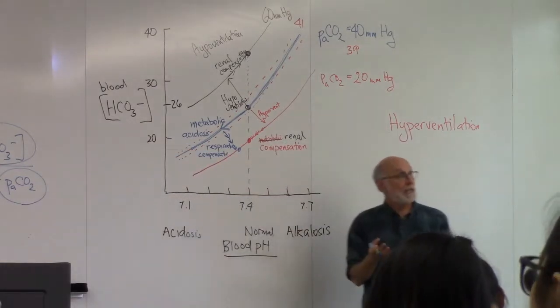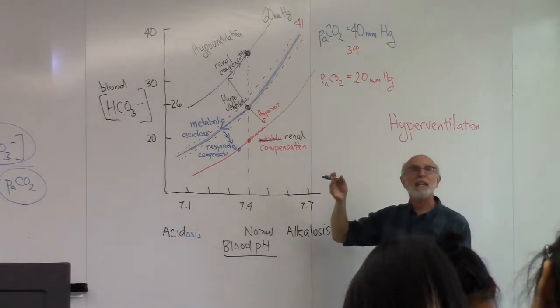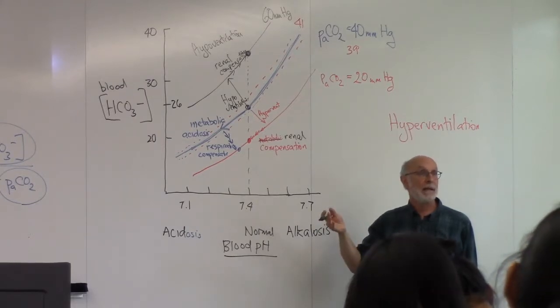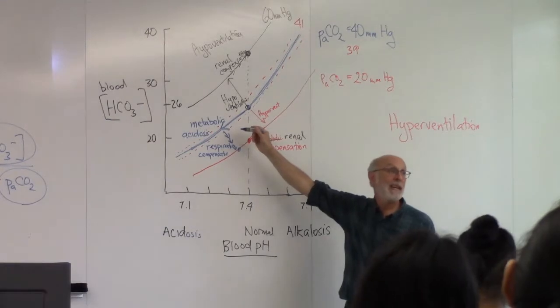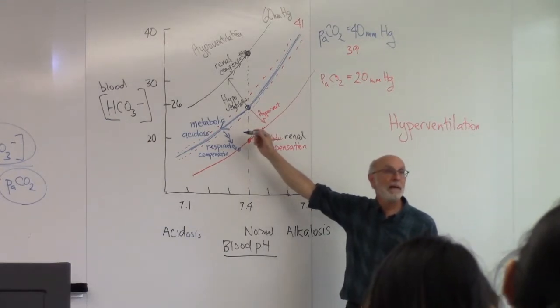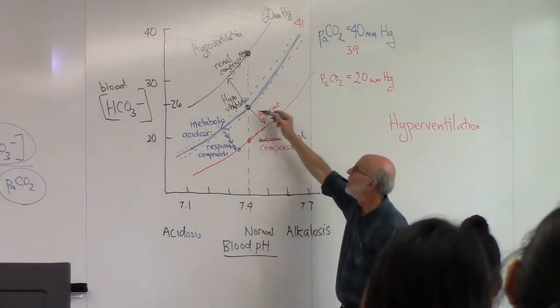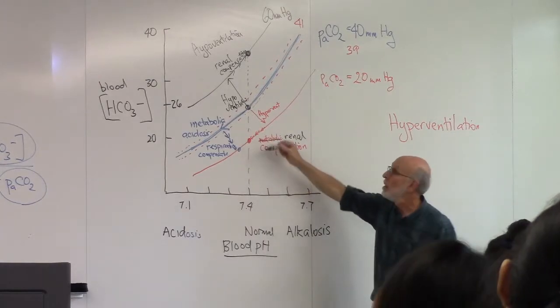Well, so this is an example, right? Let's say that we're exercising and we're generating lactic acid because we're not breathing enough. We're becoming anaerobic. We're generating lactic acid, so we want to ventilate more.